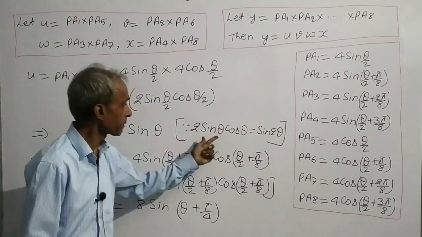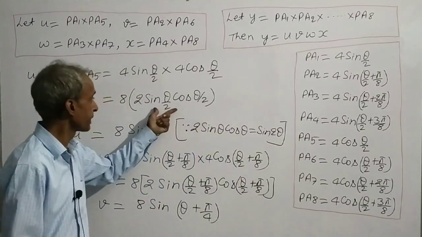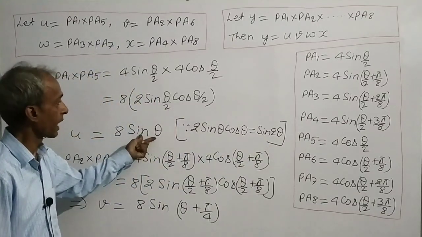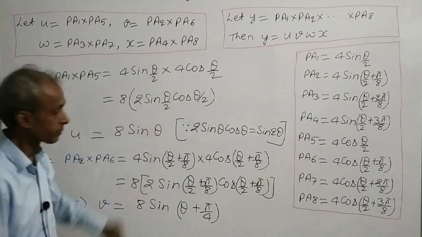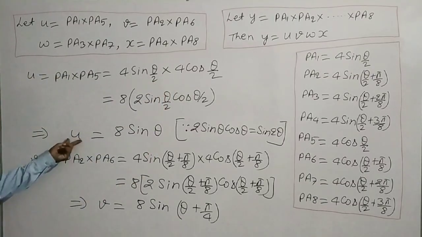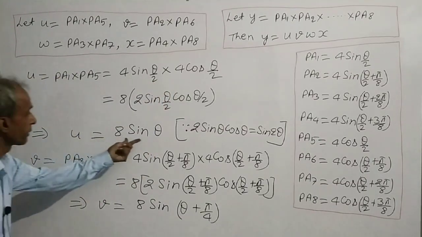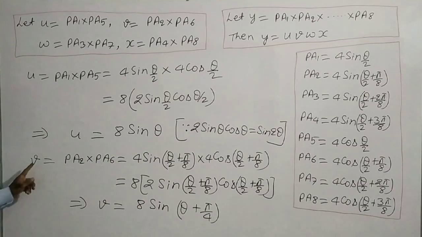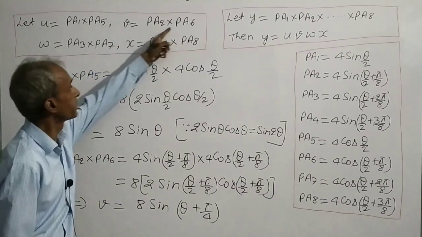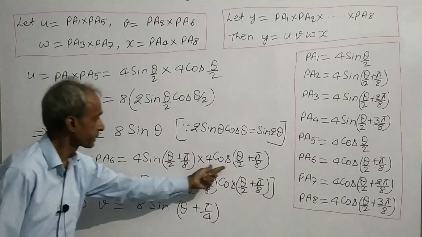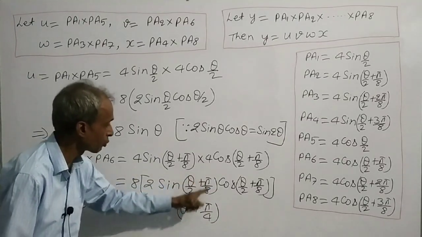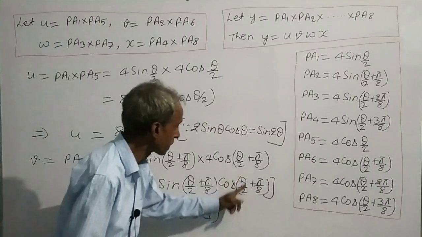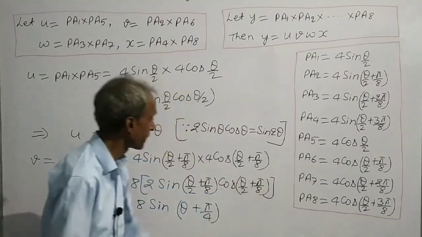By using this formula, we can write this as sin theta, 2 times this angle here. Therefore, we get U is equal to 8 sin theta. Similarly, V is equal to this, that is equal to 8 times 2 sin theta by 2 plus pi by 8, cos theta by 2 plus pi by 8.